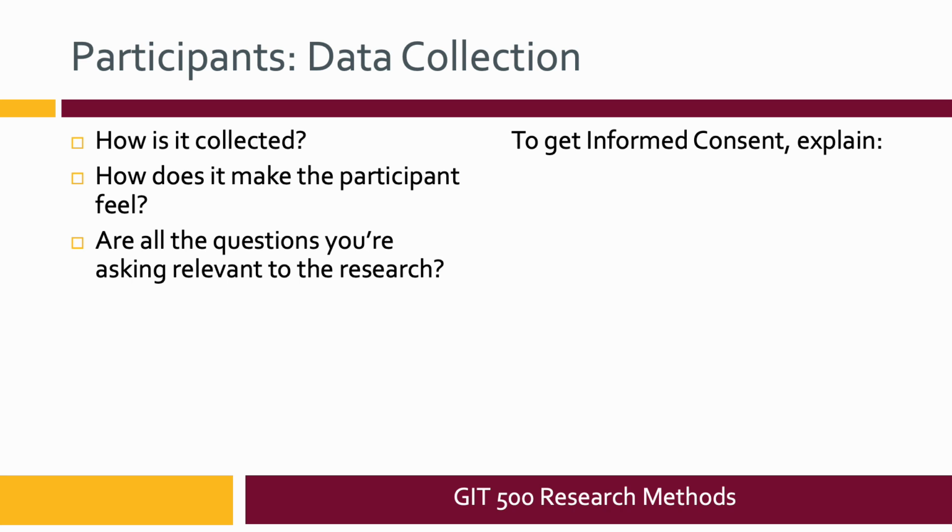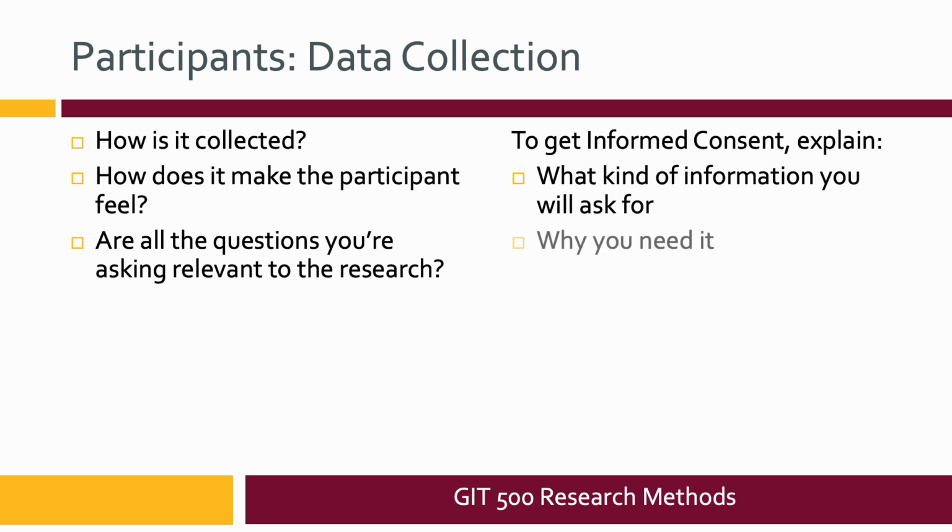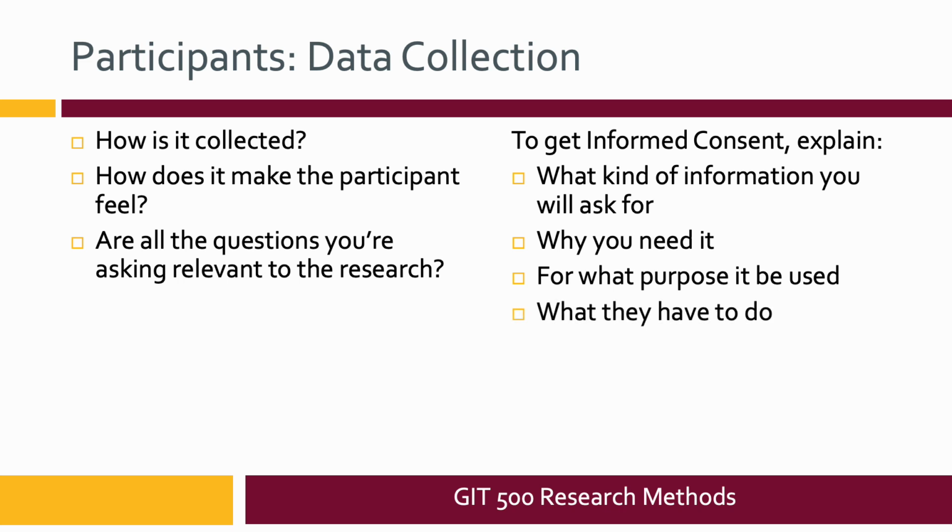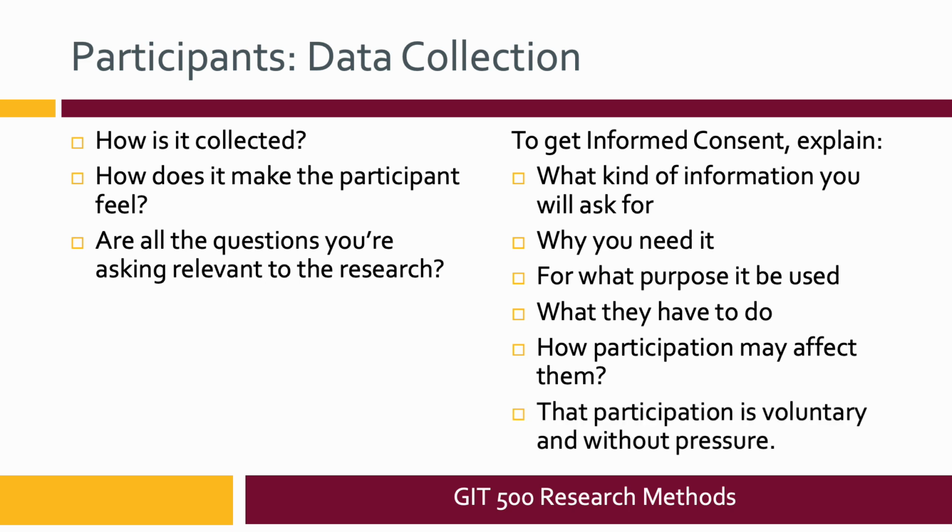We also have to do something which is called informed consent. Getting informed consent from our participants, we have to do certain things. We have to explain what kind of information we will be asking for, why that information is needed, how it will be used, what its purpose is, and what the participants themselves have to do. Are they going to do surveys, interviews, and so on? And how may that participation affect them and make them feel?